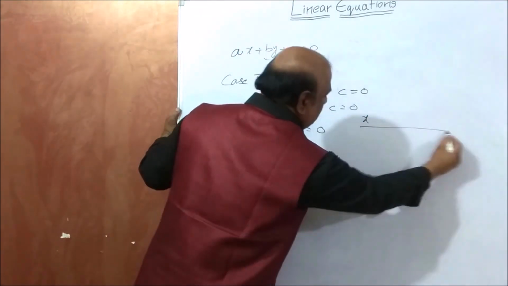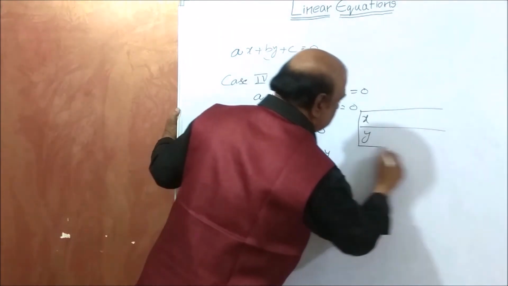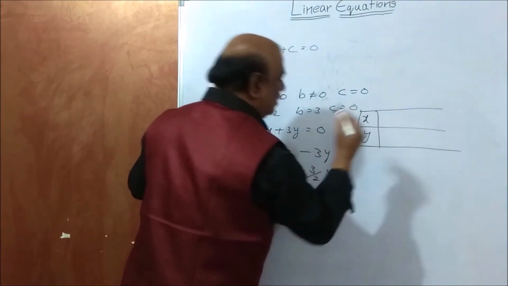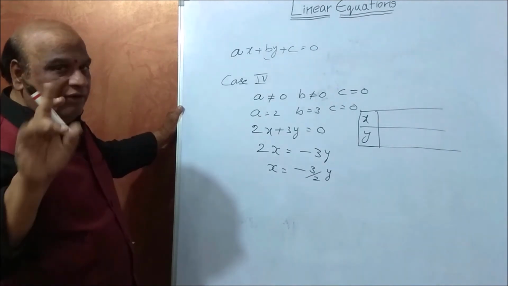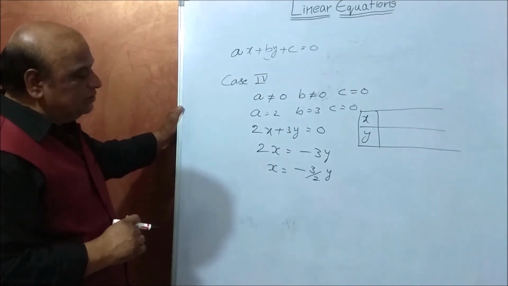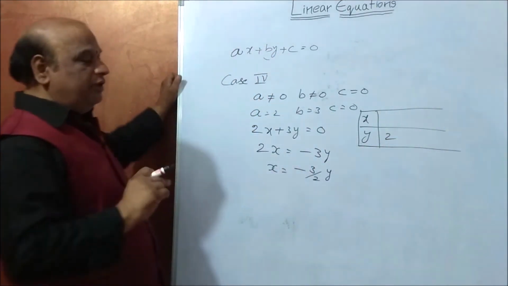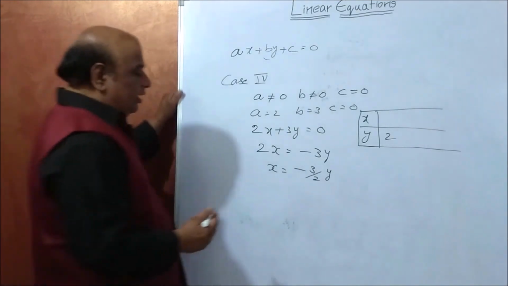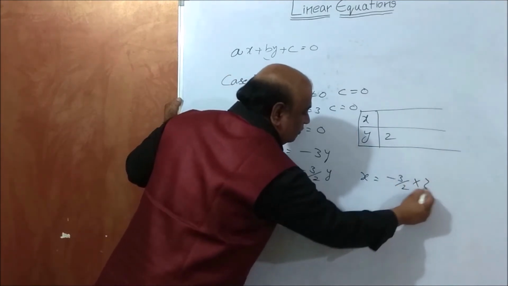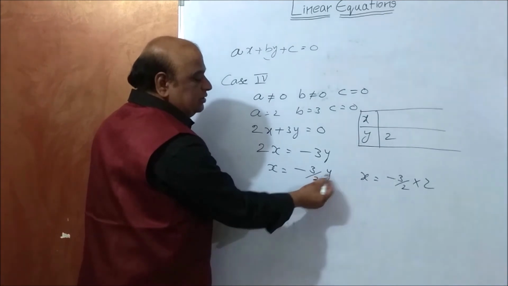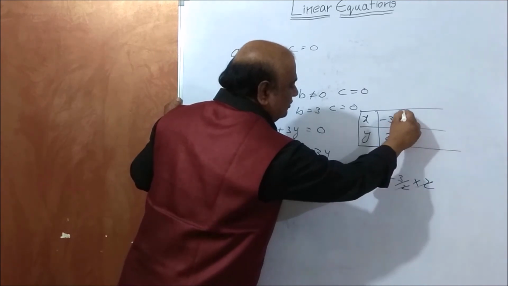Now we make a table of x and y. It is easy to take y values. Suppose you take y value 2, observe here carefully. Now x is equal to minus 3 by 2 into 2. The 2 cancels, so we are getting minus 3.